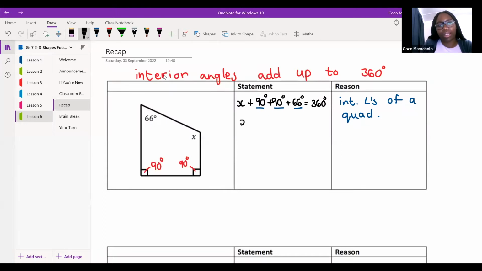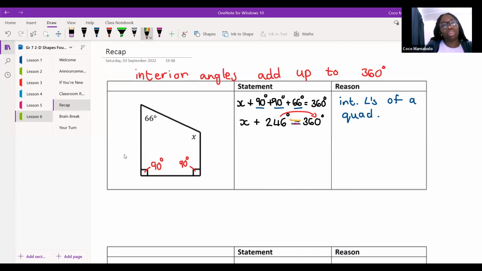So I'm going to get x plus 246 degrees is equal to 360 degrees. Now, who remembers, if I take this positive 246 degrees over my equal sign, over my rainbow, what does it become? Monde, do you know?